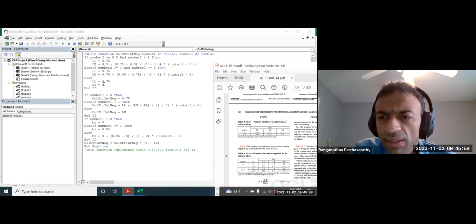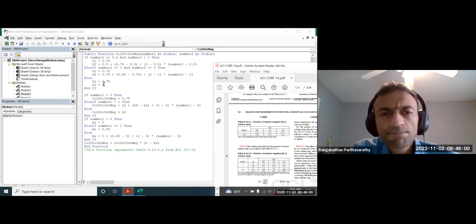Let me just explain this. Number 2, alpha F1 L2 by L1 is more than 0.5, less than 1, that is this case. More than 1, less than 2, that is this case. Then the other case is just upper limit is 0.